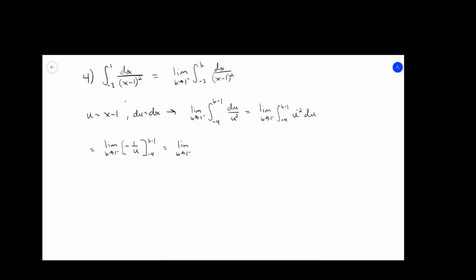As b goes to 1 from the left, I'm going to plug in the b minus 1 there, so I'm going to get negative 1 over b minus 1, and then plus 1/4. Okay, so now we have to think about, and this is probably a graphical type limit or a table limit, what that limit is as b approaches 1 for the 1 over b minus 1.